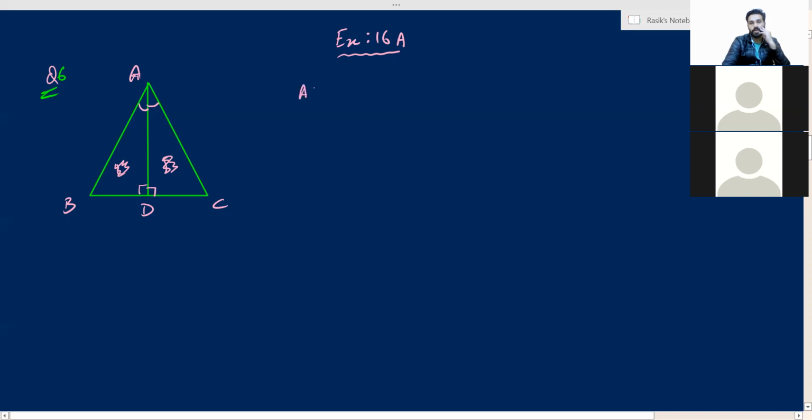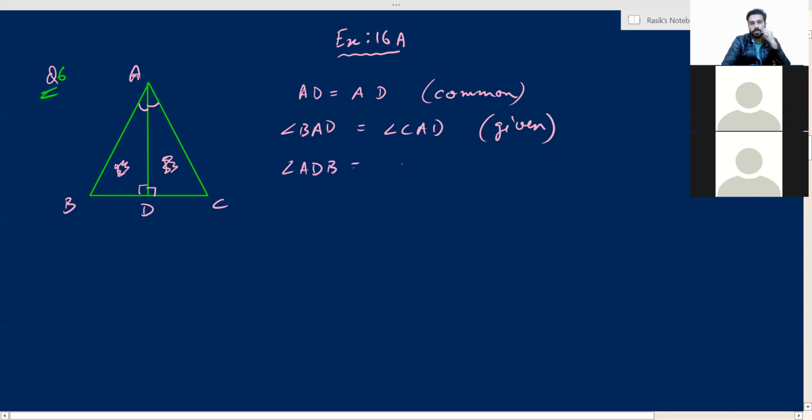First thing, AD is equal to AD, common. Angle BAD is equal to angle CAD, given in the question. Angle ADB is equal to angle ADC, 90 degrees each.